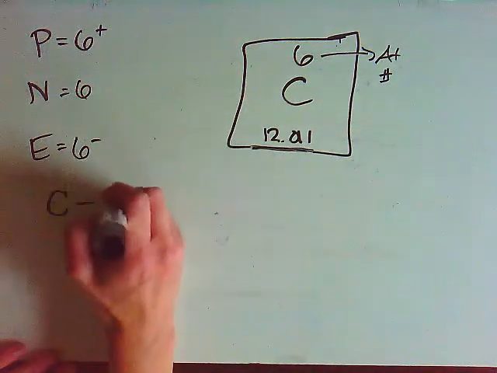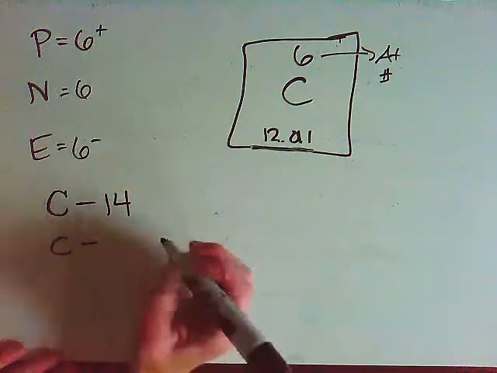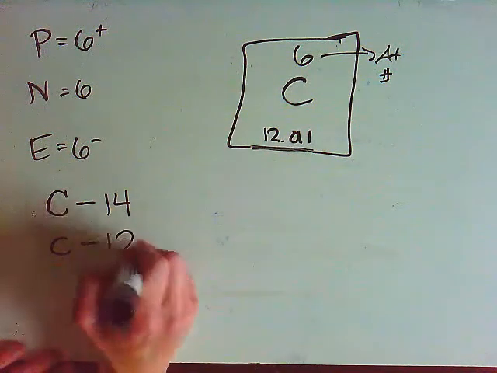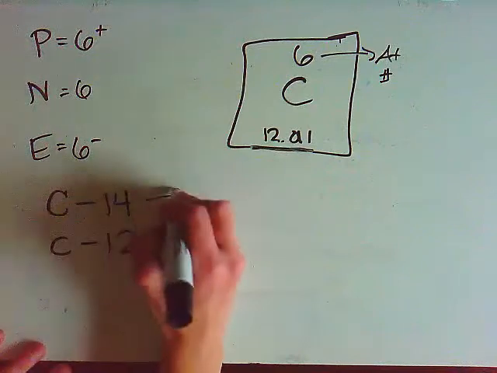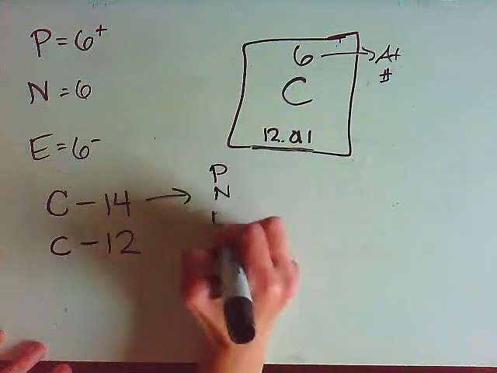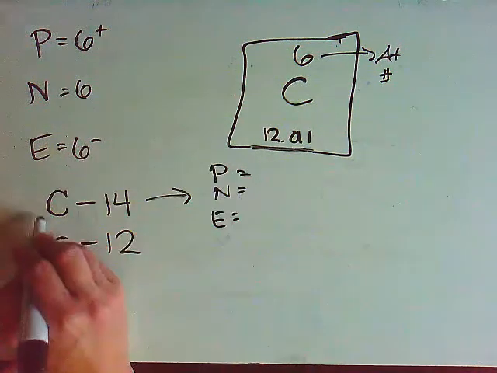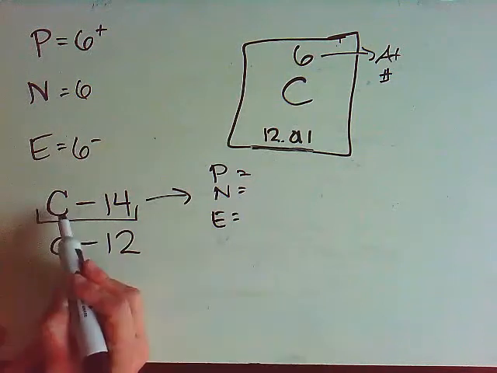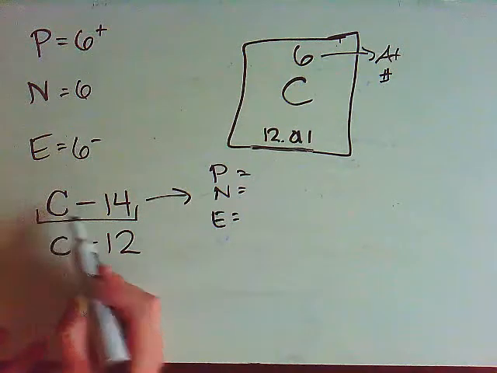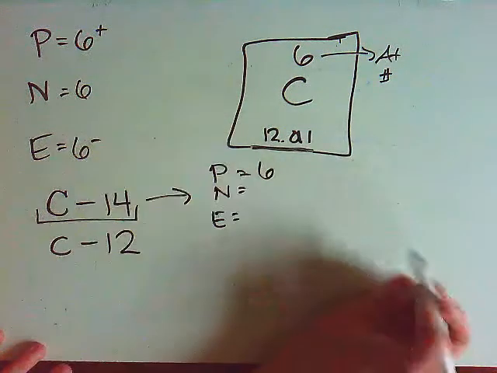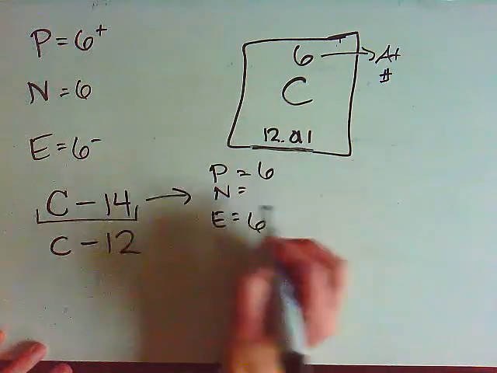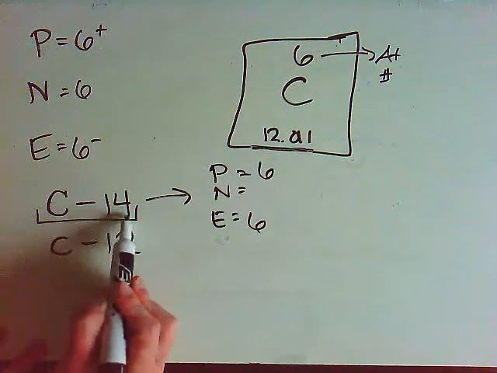However, let's say that they give it to you in isotopic notation. Let's say that they give you carbon 14 and carbon 12. And they say, okay, how many protons, neutrons, and electrons does this isotope have? Well, you know it's carbon. So once again, you're going to look at your periodic table and you're going to see, okay, it's got 6 protons, 6 electrons.